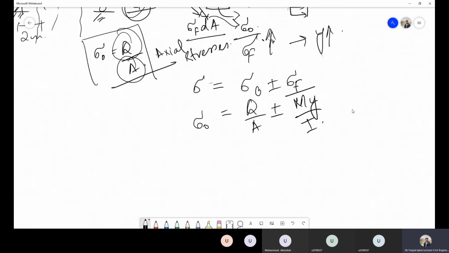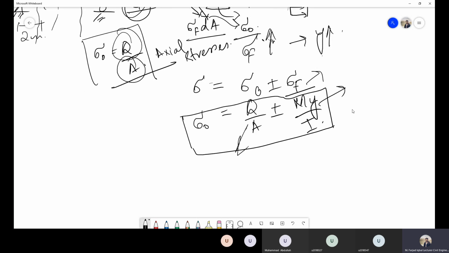Previously, we were calculating these simple stresses. For example, the question would ask you to calculate the flexural stresses. You will simply apply this formula, My over I, and you will get the flexural stress. Or it may ask you to calculate the normal stress or axial stress due to this force Q, and you will apply this formula.